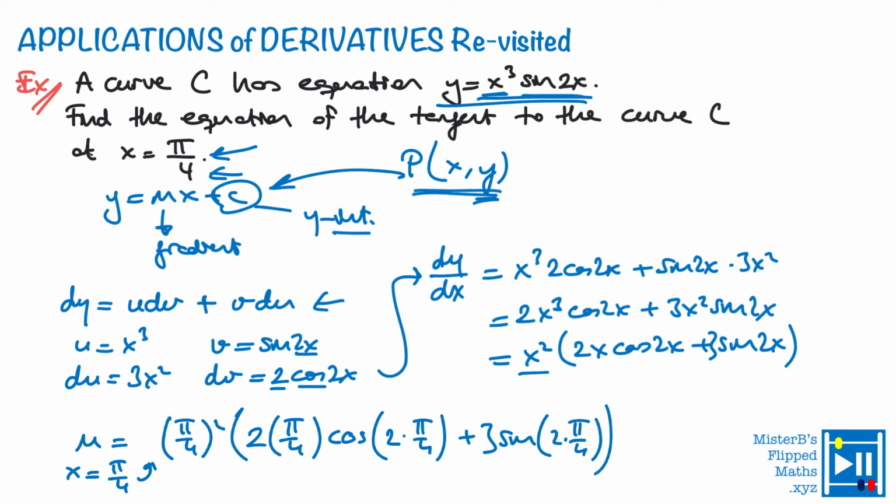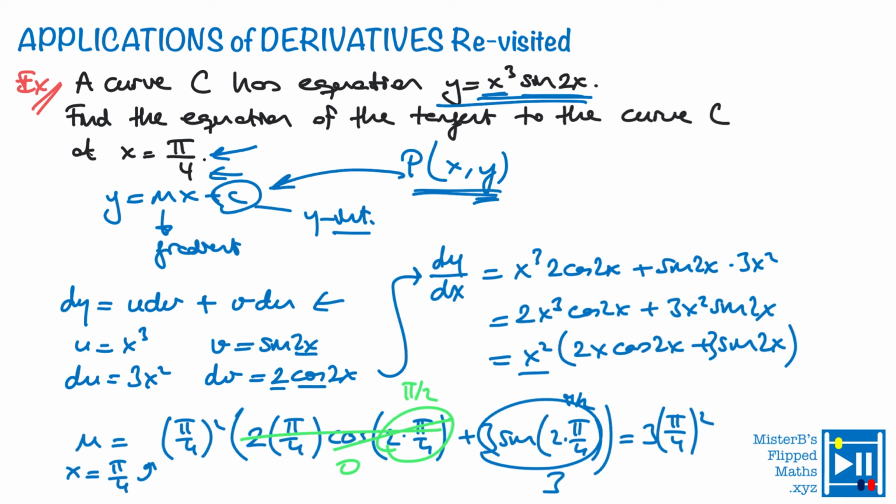Now, this is pi over 2, and we know that cosine pi over 2 is 0. So just because this is 0, all this is 0. So I have to calculate this bit. Sine pi over 2 is 1, so I have 3 here. And this is pi over 4 squared, so I have 3 times pi over 4 squared.